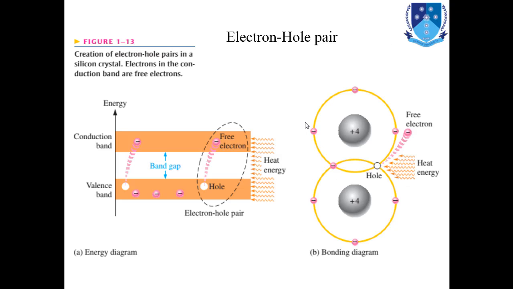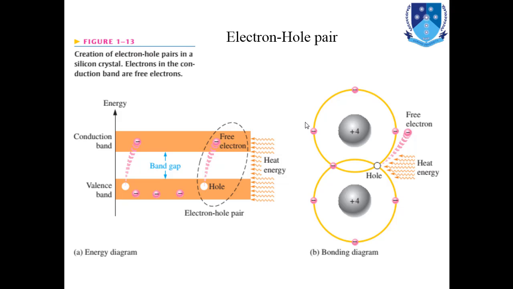To understand this, let's have a look at figure 1.13a and b. Figure 1.13a is representing the energy diagram. Here you can see that in the valence band there are several electrons.